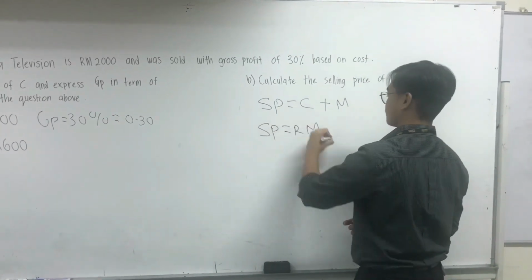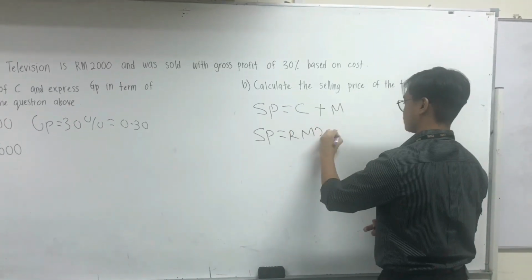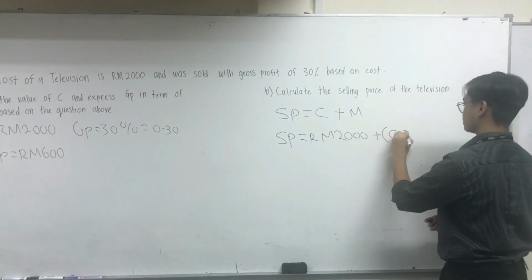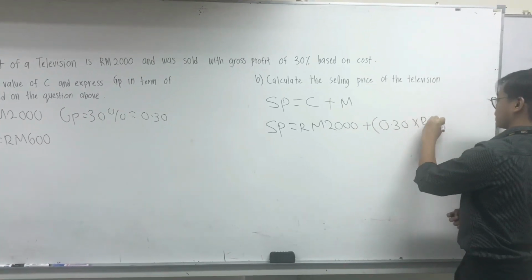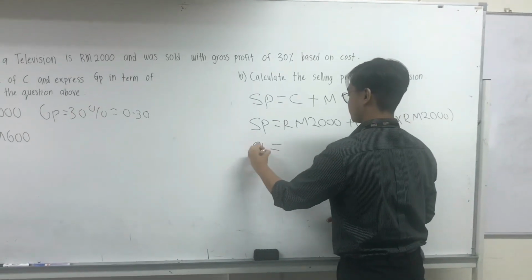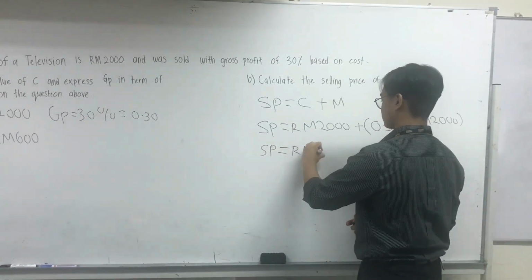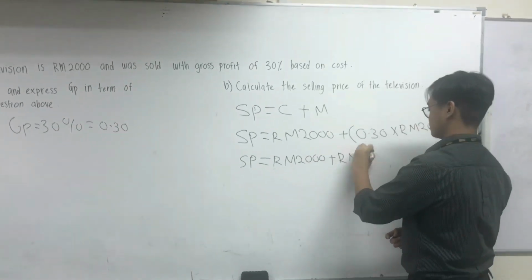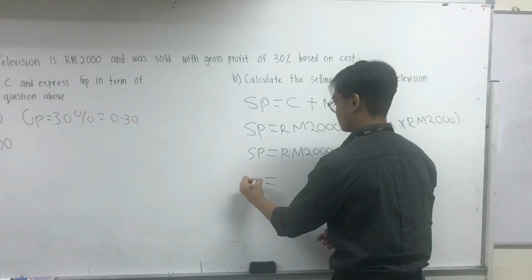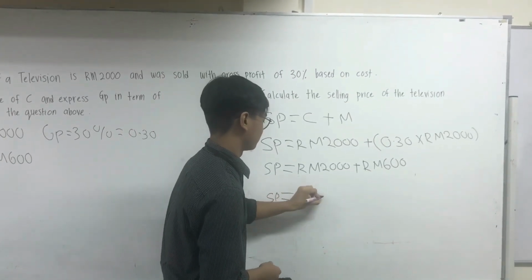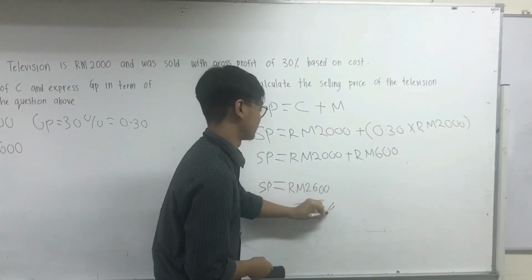C equals RM2000, M equals 0.3 times RM2000, which is RM600. SP equals RM2000 plus RM600. The total is RM2600.